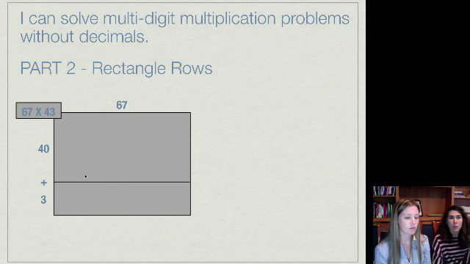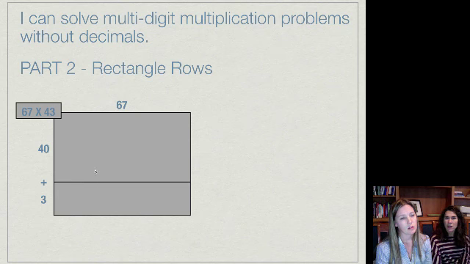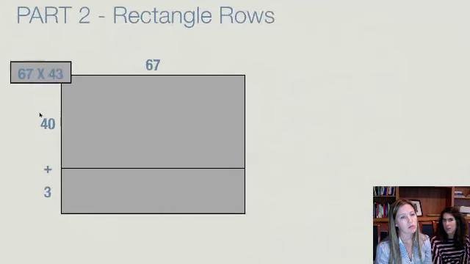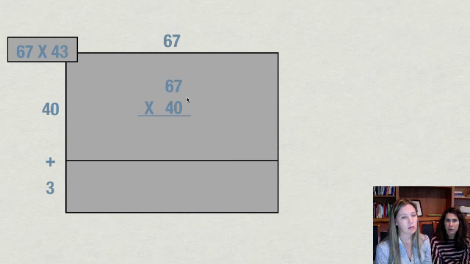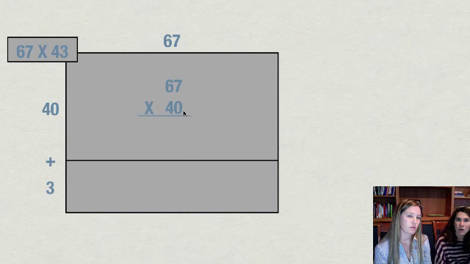Now, what you need to do next is just apply that area rule again. Length times width, or in this case 67 times 40, we're going to write down in the bigger box. And you're still going to apply what you remember from multiplying numbers that end in 0. You can just disregard it for now and focus on the numbers.